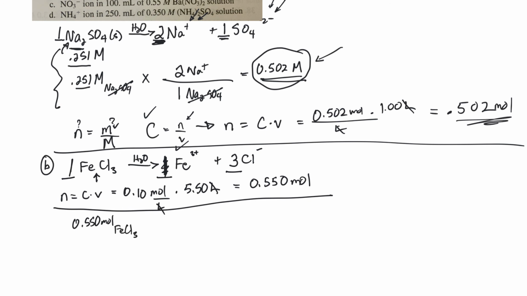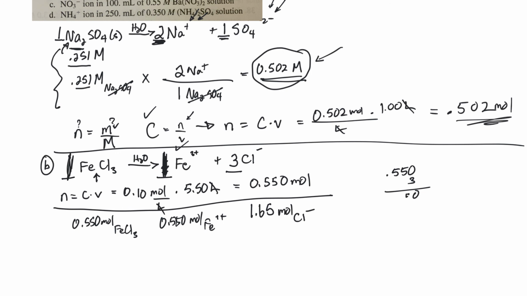And then if I look at my ratio, since this is 1 and this is 1, it means I'll have 0.550 moles of iron 3 plus ions. And it'll mean that I have 3 times that chloride. So it'll be, I think, 1.65 moles of chloride ions, whatever 0.550 times 3 is.